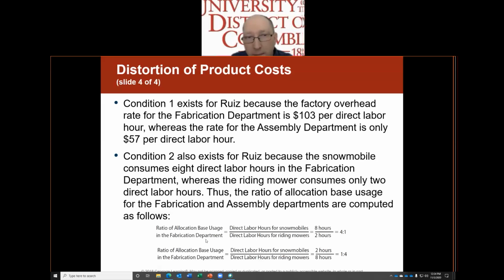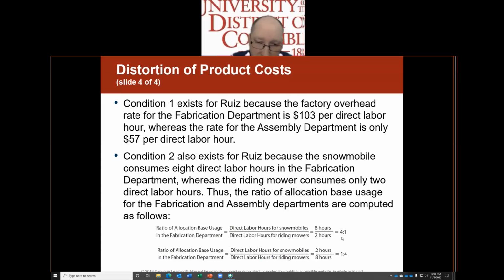So in condition 1, the difference between the single plant-wide method and the department method is $103 per hour for fabrication and $57 per hour for the assembly department. The second condition for distortion, by the ratios, we have a 4-to-1 ratio and a 1-to-4 ratio.